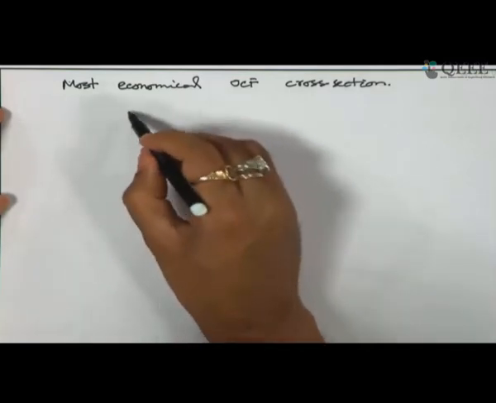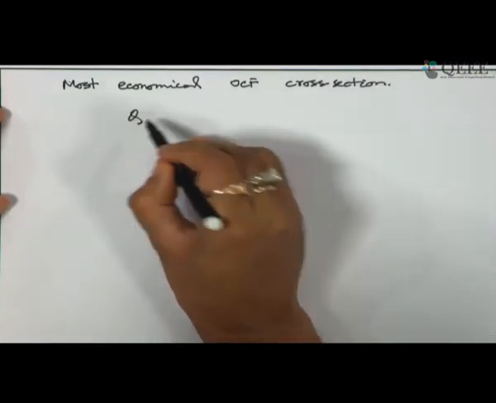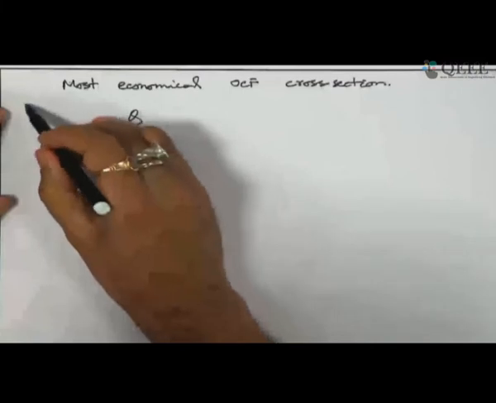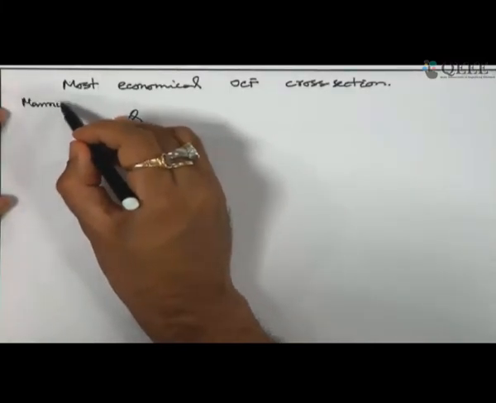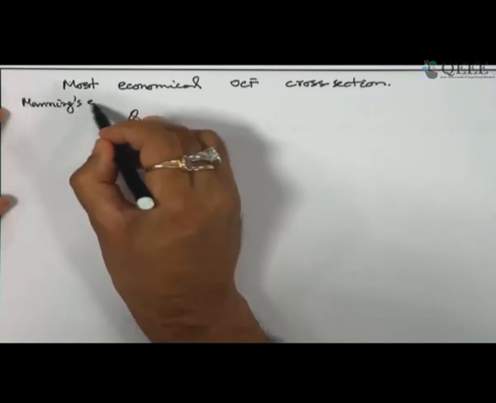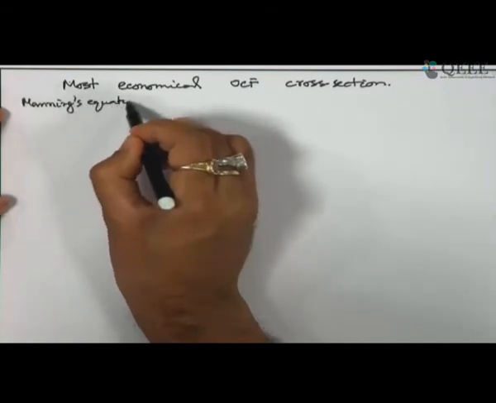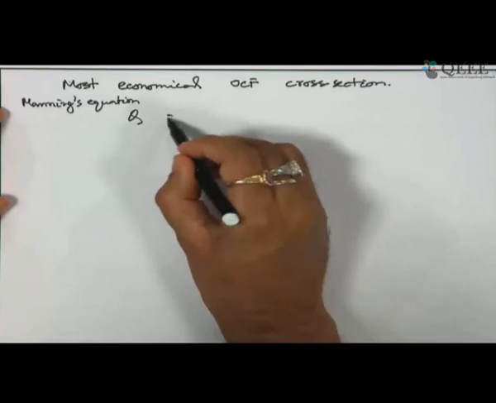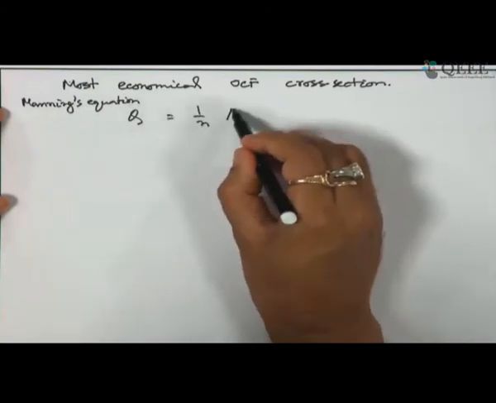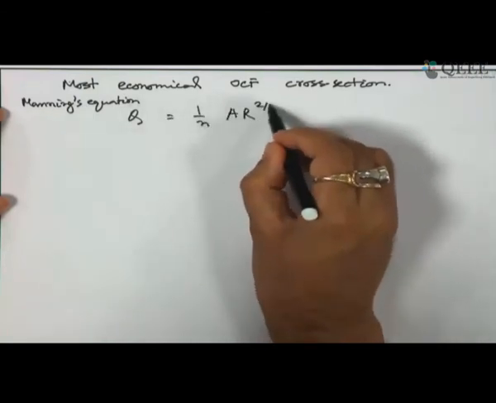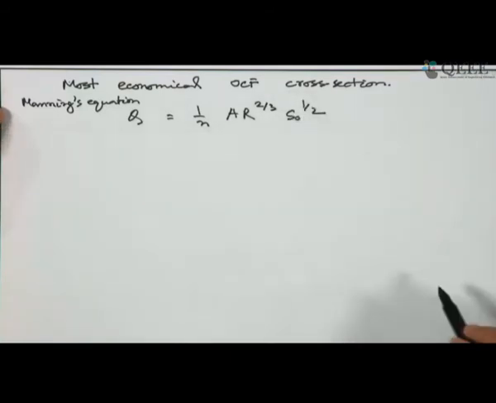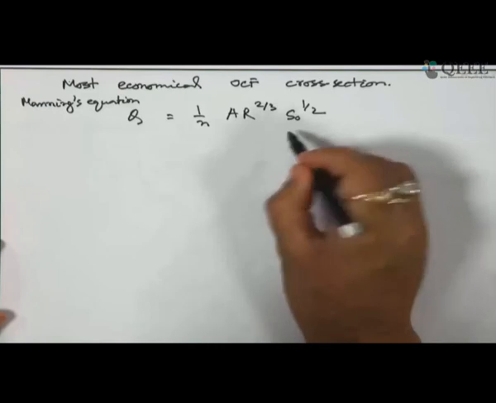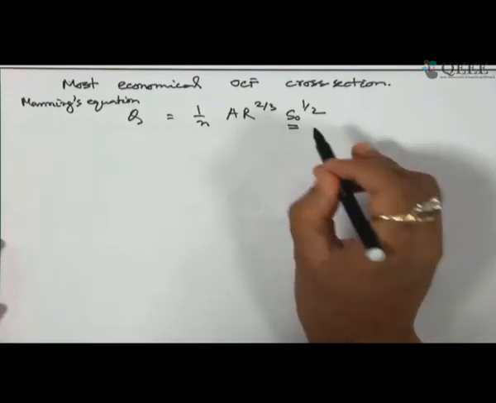If we write this discharge based on Manning's equation, then you can write this as A R to the power 2/3 S naught to the power half for a given slope.